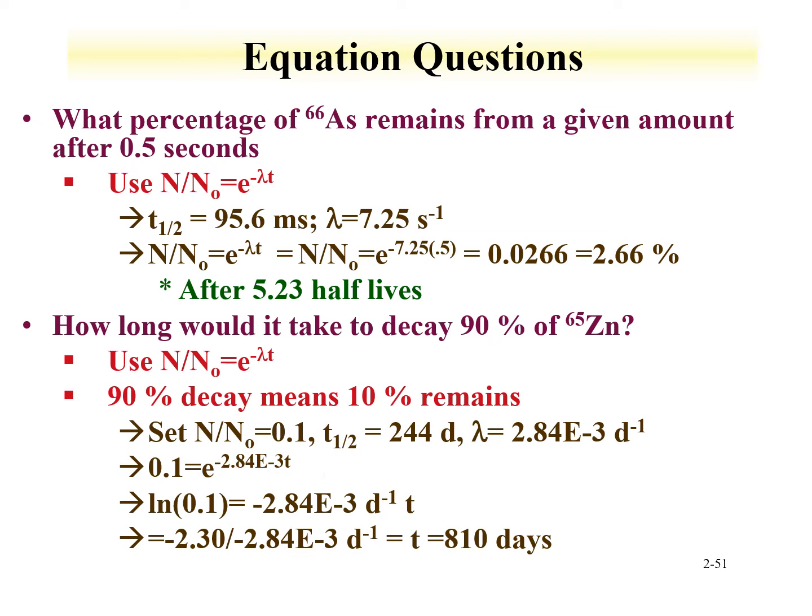The half-life is 244 days. Let's just use the value in days. Log 2 divided by 244, shown here. I set up my equation and solve for t. T equals 810 days. So you can use this to calculate the time to get any sort of ratio, or calculate the ratios at any given time.